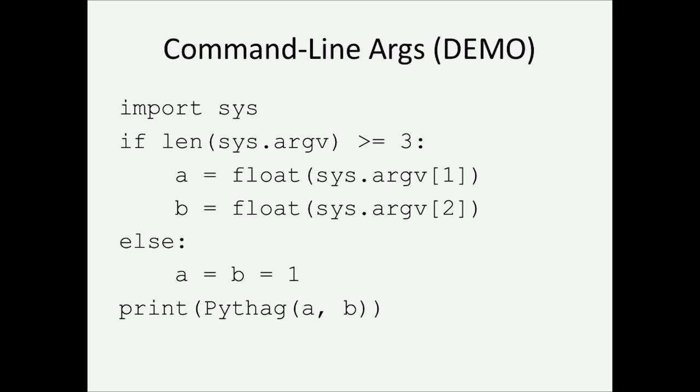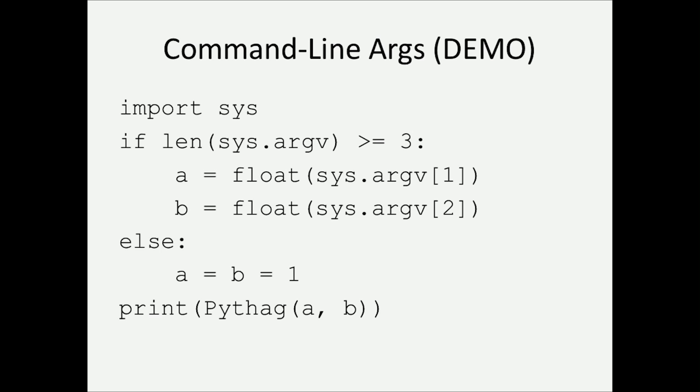What we're going to do, again, we have to import sys, which is a package. We'll talk a lot about that later. Then we'll look and see how many there are. Remember, the len function takes the length of any list. If we want to use two arguments in addition to the program name itself, argv is going to have to be at least 3 elements in length. It's going to be the program name, and then the 2 we pass it.